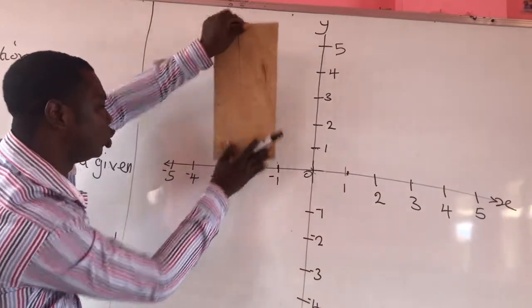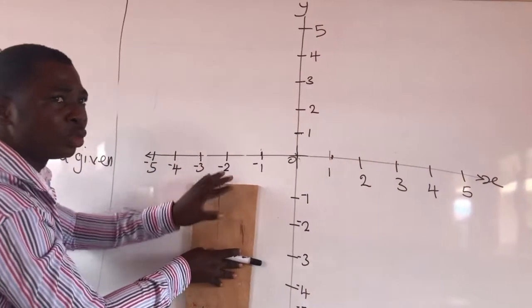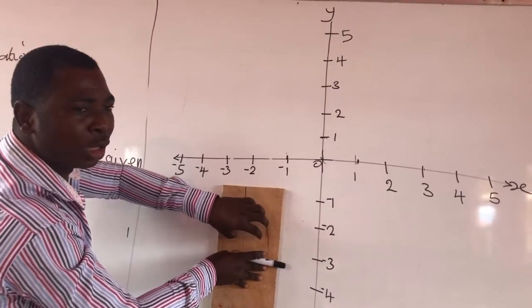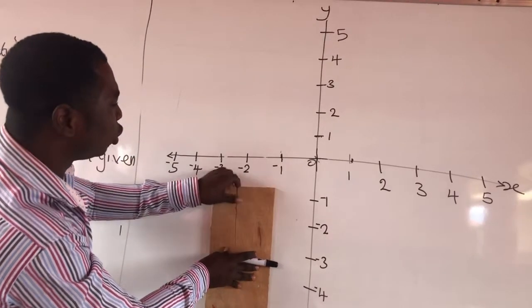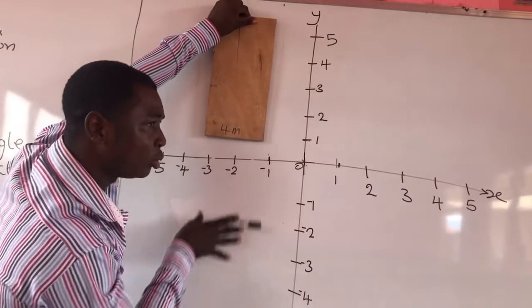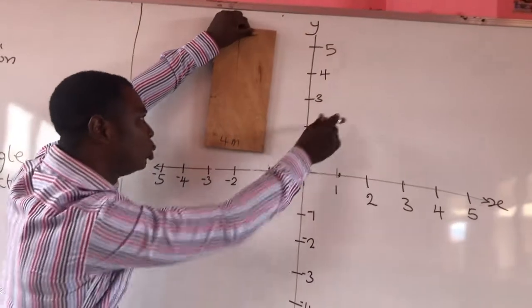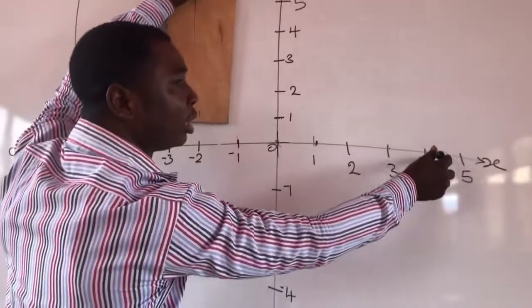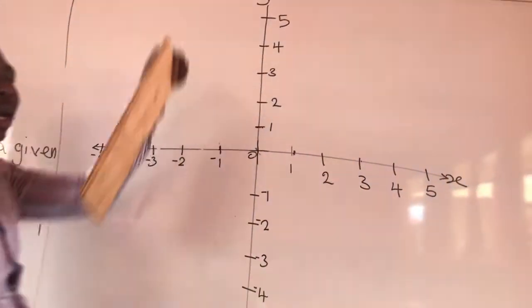When this object is showing here, we see that this is the image of the object. So the object can be showing here using the mirror line x-axis. It can also be showing here using the mirror line y-axis.